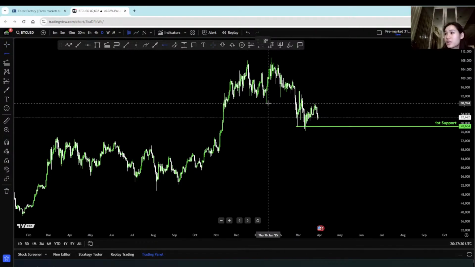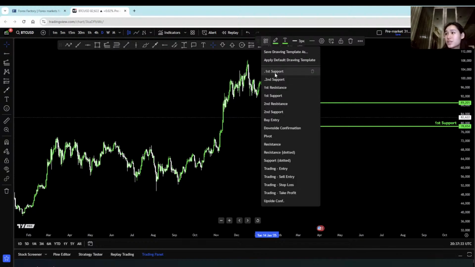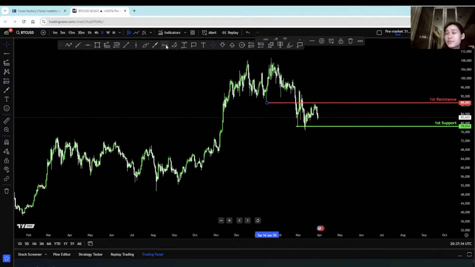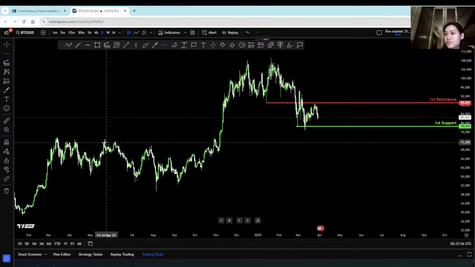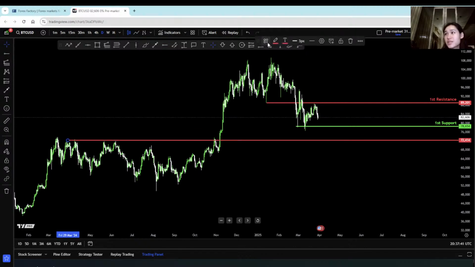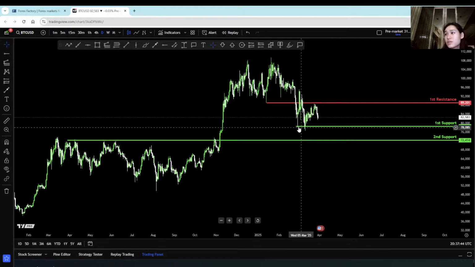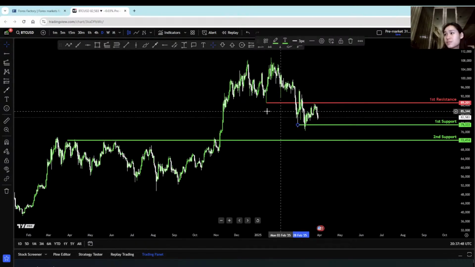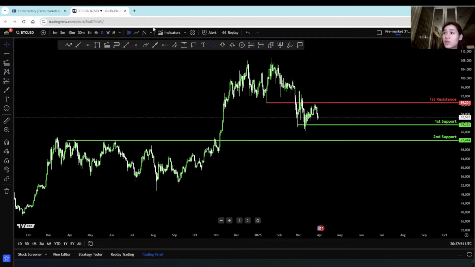Okay, and I'll place a first resistance up here, and a second support just below that. Okay.